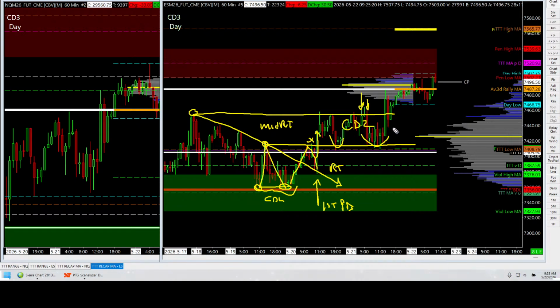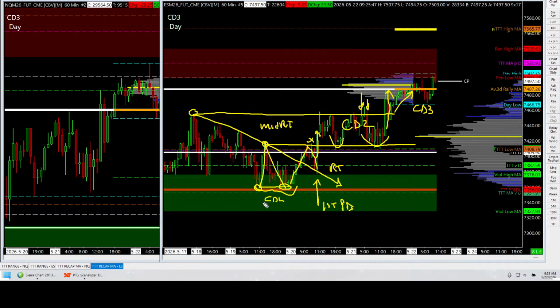And then the final part, which we enter into today, is once that consolidation finally runs its course, the expectation is for a continuation higher. And of course, we have CD3 now. This is outlined pretty well in the free documentation we have on the 3-day cycle, so be sure to check that out.